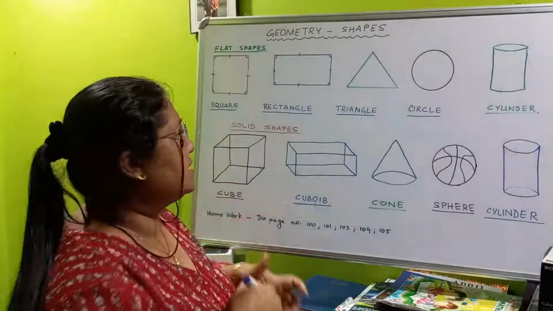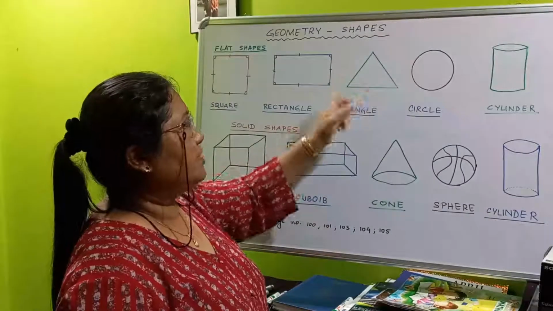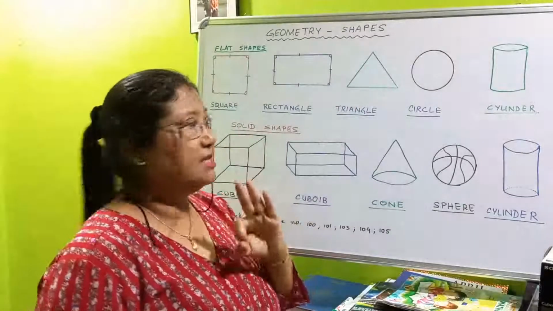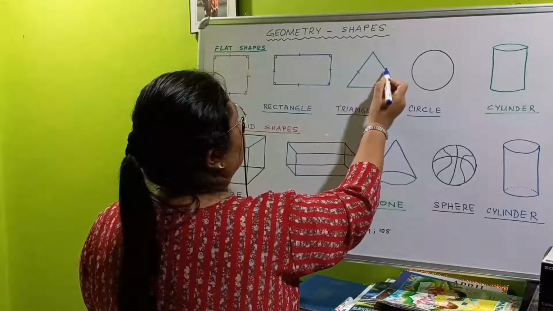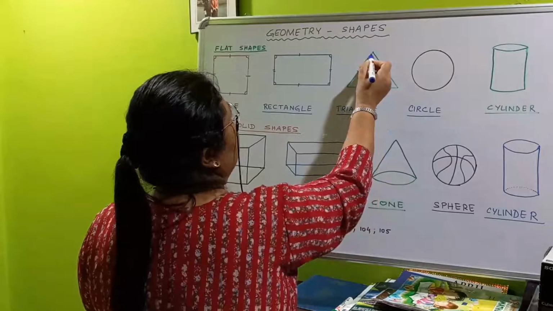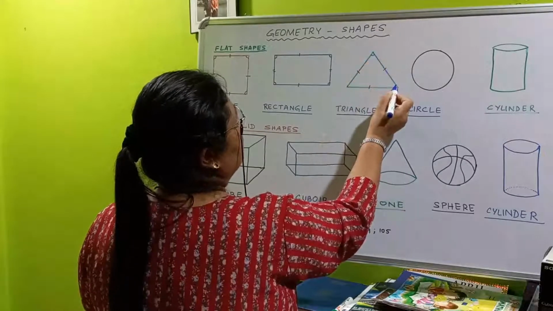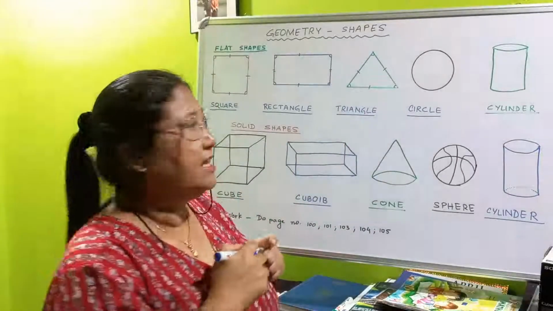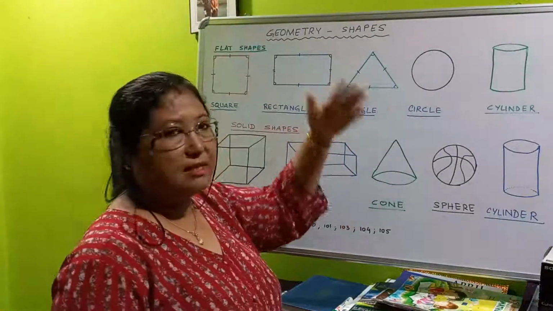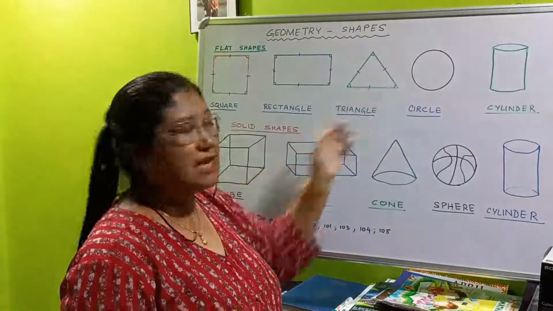Now the next figure is the triangle. In a triangle we have only 3 sides and 3 corners: sides 1, 2, 3 and corners 1, 2, 3. 3 corners and 3 sides. In some triangles, all the 3 sides are equal.